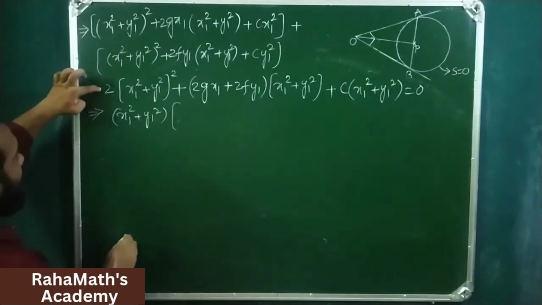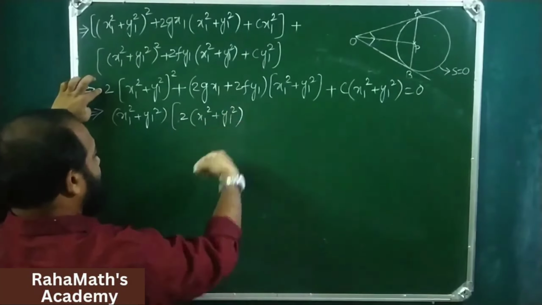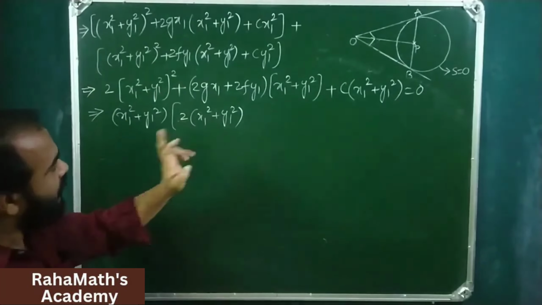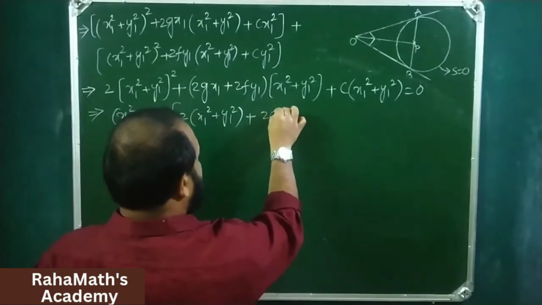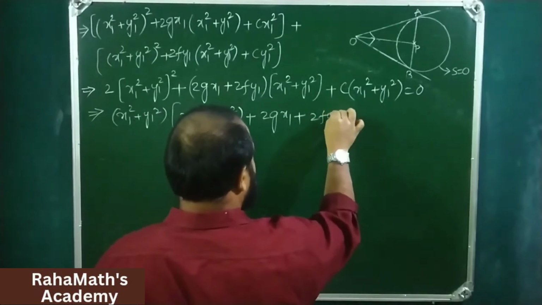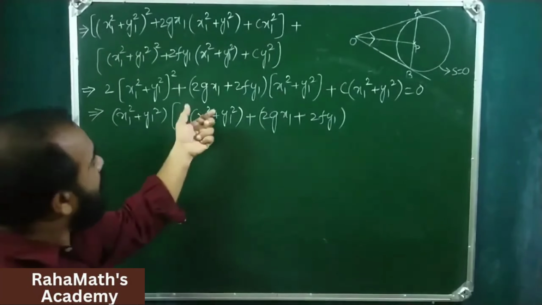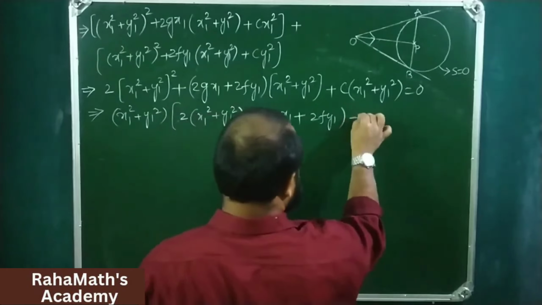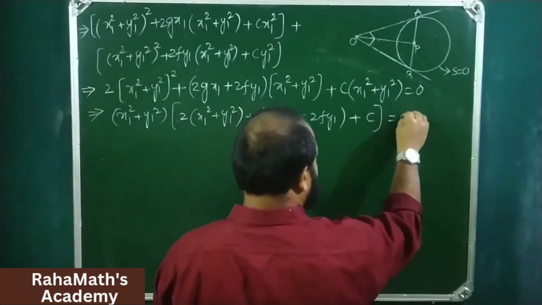Then I am left with 2 into x1 square plus y1 square. This is a square, a I have taken common, another a I am left with, plus 2gx1 plus 2fy1. Since x1 square plus y1 square has been taken common, I am just left with 2gx1 plus 2fy1 only, plus c, which I am left with, is equals to 0.